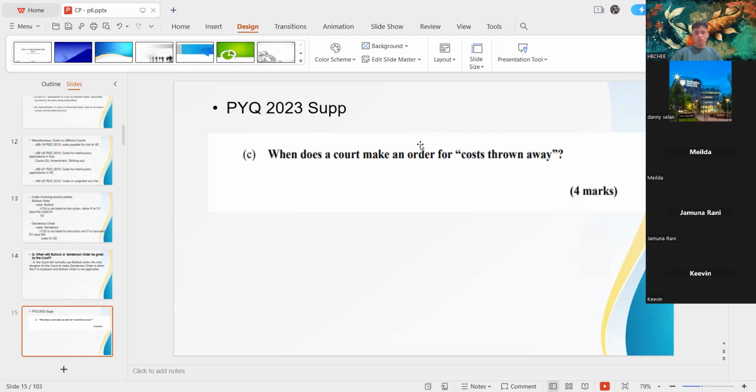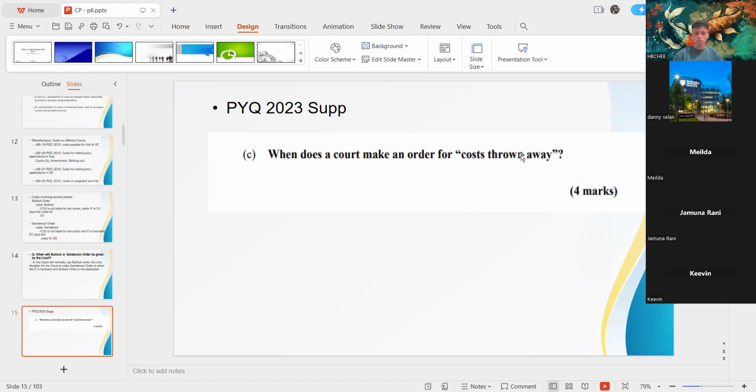Okay. So coming back to this past year question, when you see these kinds of questions, you just need to copy whatever is in Order 59.1. It will be more than sufficient, along with your orders and rules used correctly, and then you just summarize some of the wording based on the definition of cost thrown away.